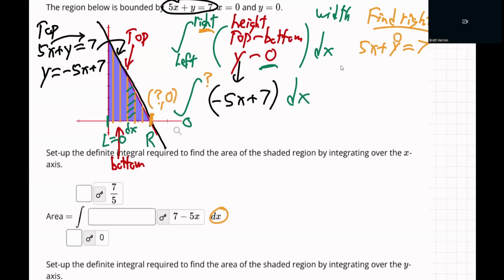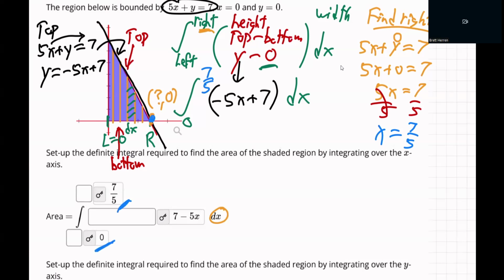It's a height of 0 point. So 5x plus 0 is 7. So 5x is 7. Divide by 5. x is 7/5. So that's it. That's the right edge, 7/5. That's where it hits. That's this point right here. And so that's their first integral from 0 to 7/5 of, they wrote 7 minus 5x. I put minus 5x plus 7. Same thing, dx.